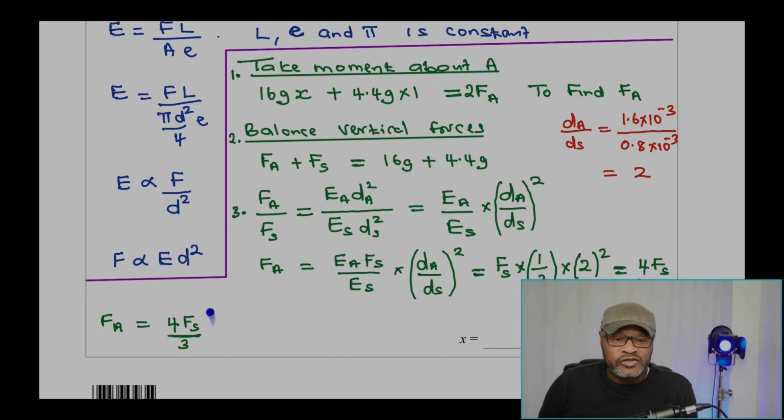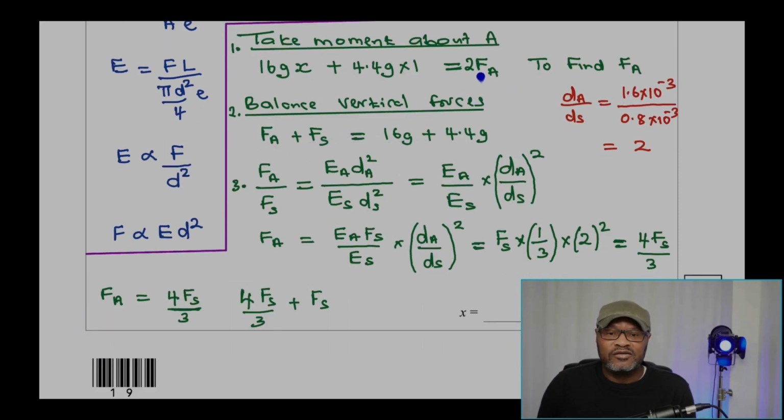Now we can use this and that to find x. We can use this or we can use that. So let's use that as well. So this will be FA plus FS equal to 16 plus 4.4 g. So that would be 20.4g. You can then simplify, multiply everything by 3. So we get 4FS plus 3FS equals 61.2g.